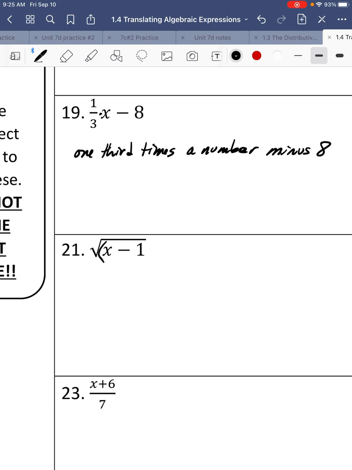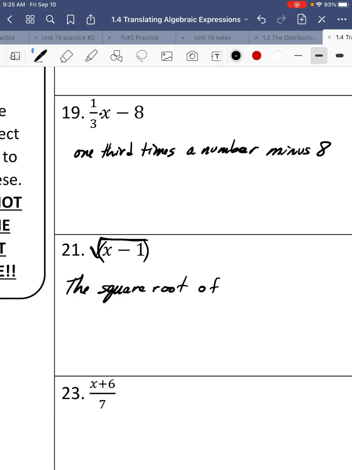So here we have square root. Underneath the square root, we need to make sure that x minus 1 is all underneath the square root. So that's like putting it together. So we have the square root. So that's stating the whole square root, and we needed to figure out how to say everything underneath.